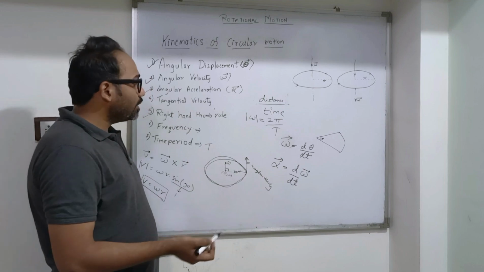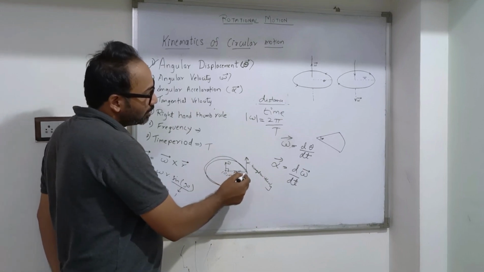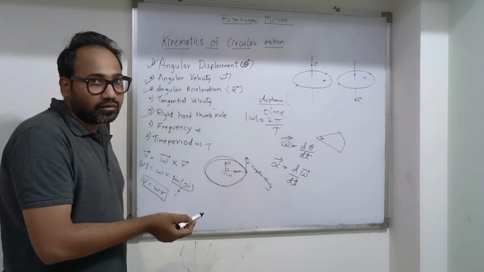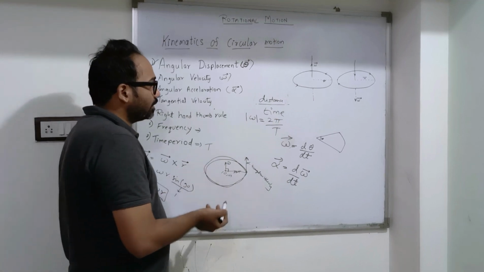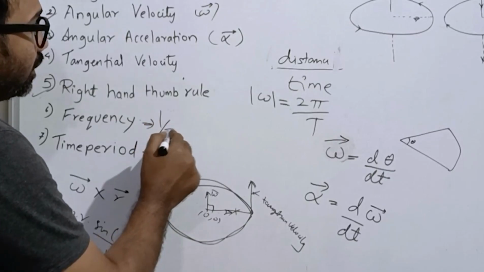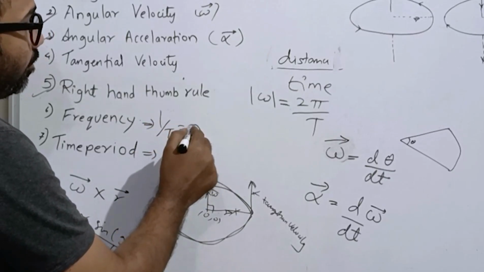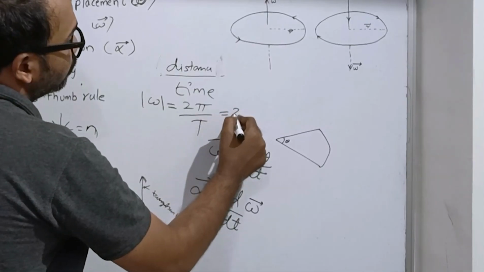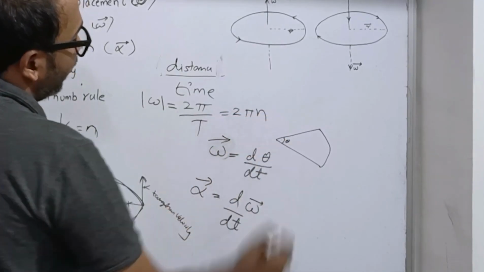Now what is time period? It is the time taken by that particular object to complete one cycle. The inverse of that is the frequency of that particular angular motion, so this can also be written as 2 pi n.